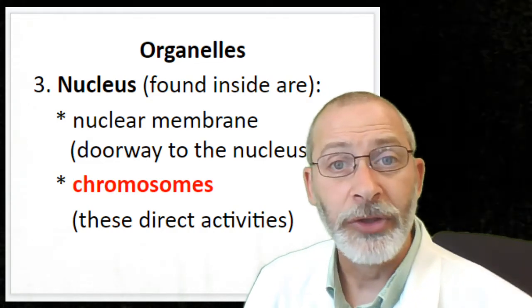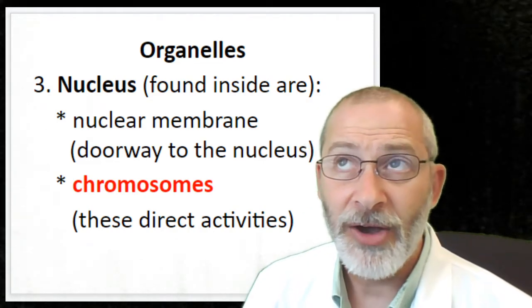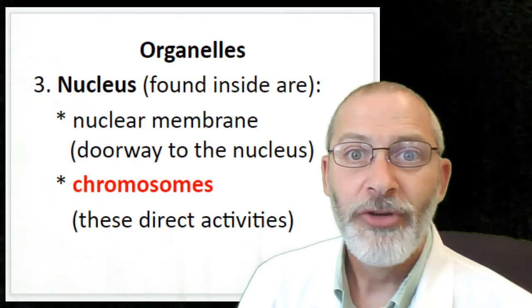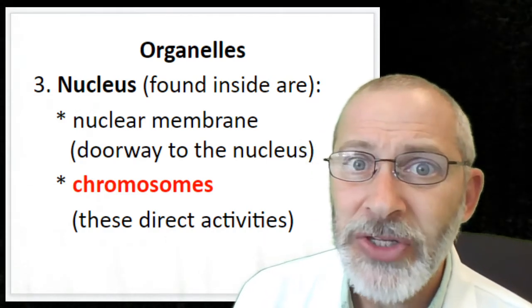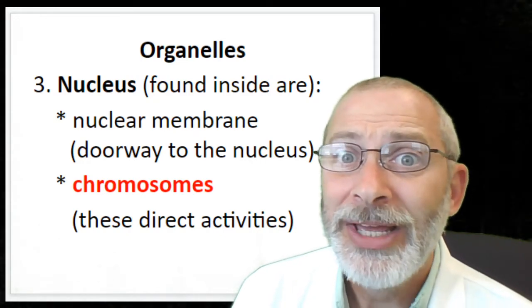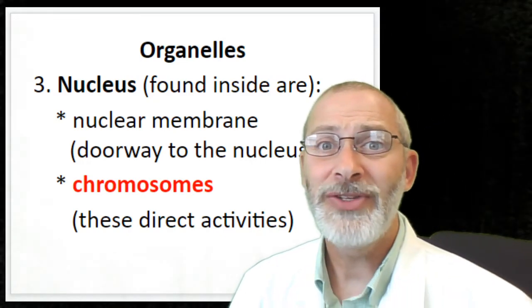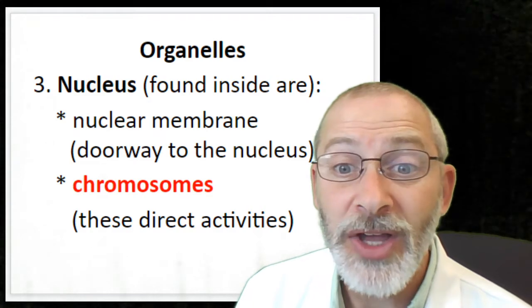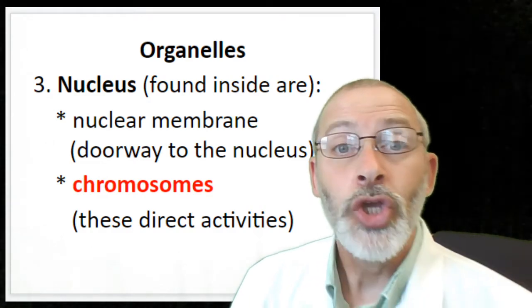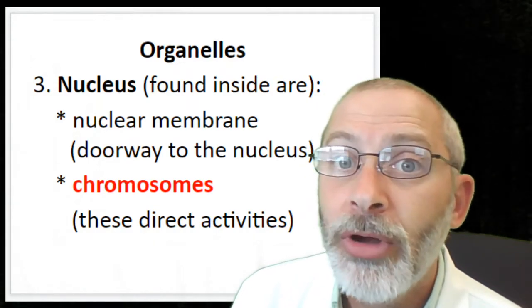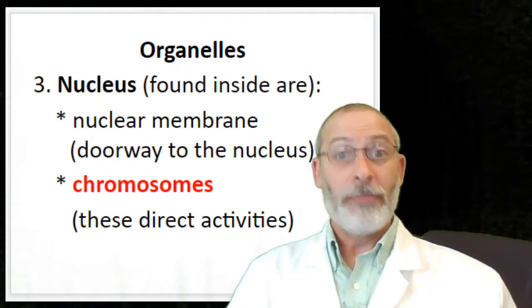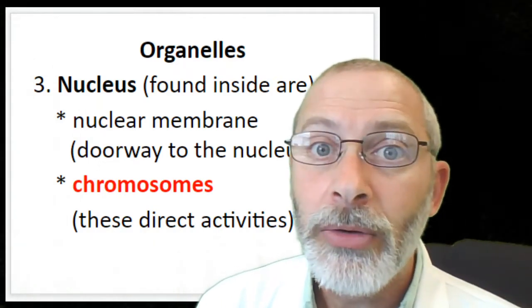They're located within the nucleus, but they are responsible for a lot of stuff that makes you you. You have certain color eyes, you have certain color hair because of your chromosomes. You have certain activity levels because of your chromosomes. You have a certain metabolic rate because of your chromosomes.